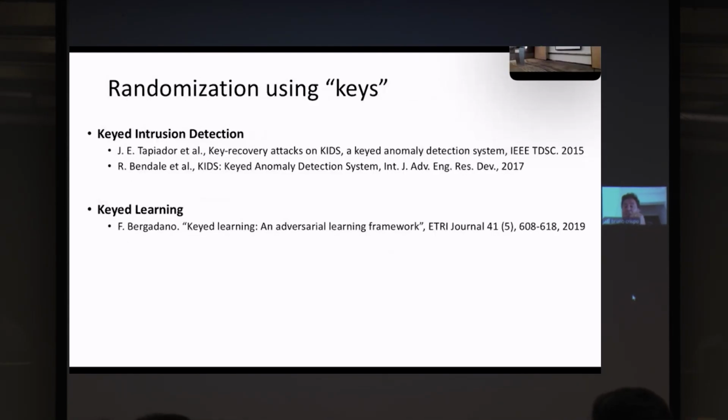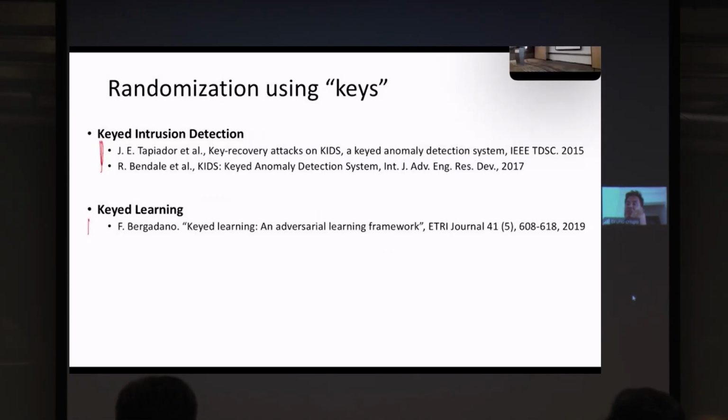Now, more recently, people came up with this idea of randomization using keys. And this is a quite interesting concept. It was first introduced by these two papers for the specific case of intrusion detection. And then Bergadano, in this paper, generalized the idea for any application.